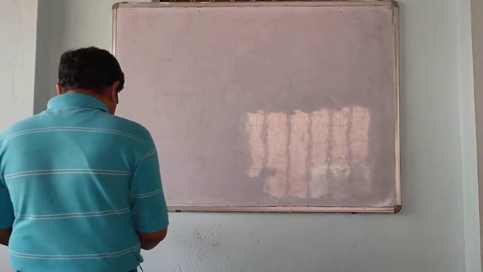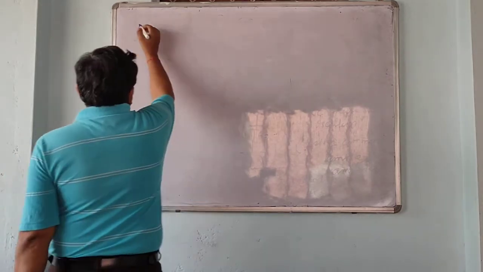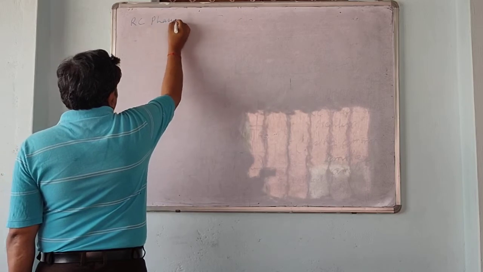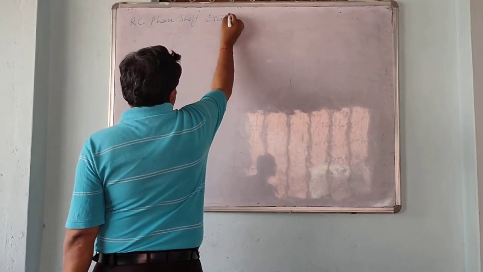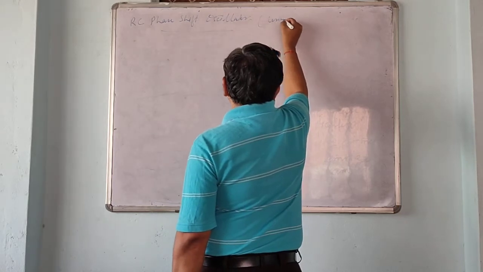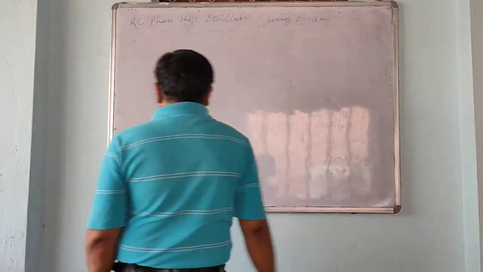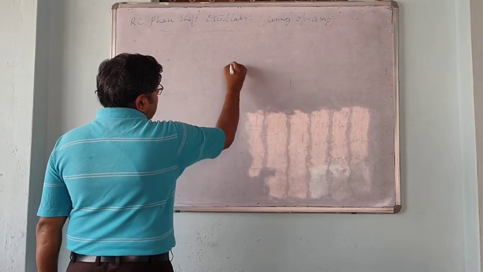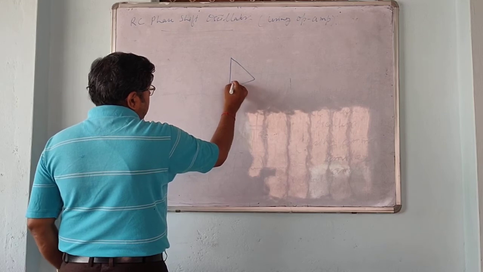Another is the op-amp. Next is the RC phase shift oscillator using an operational amplifier. So first see the circuit. Here the basic amplifier is the operational amplifier in inverting configuration.